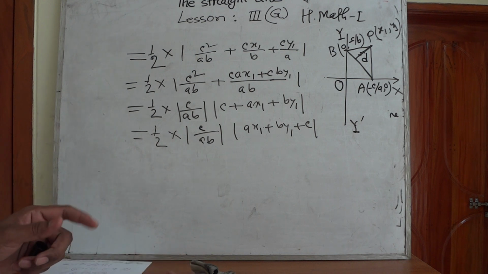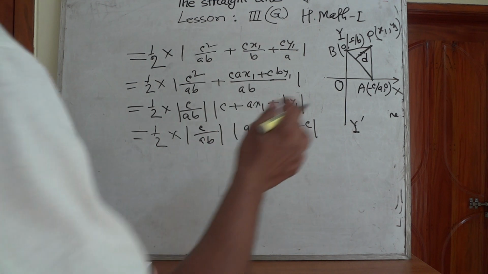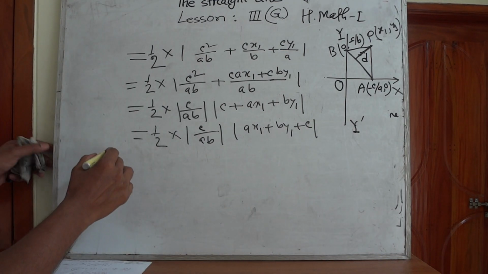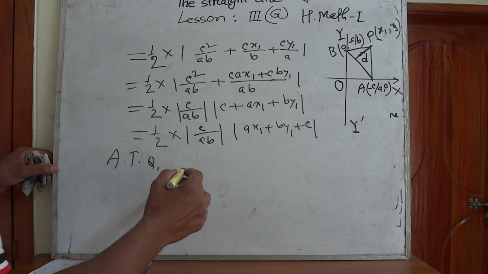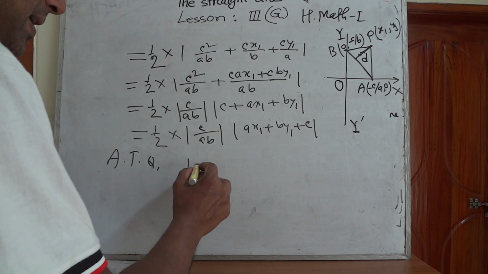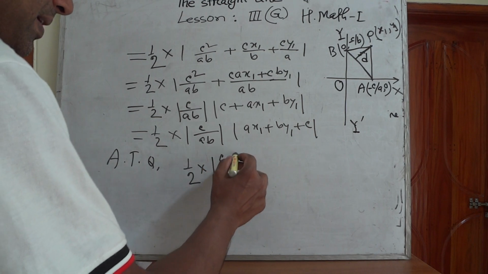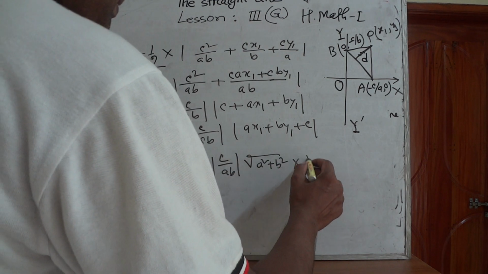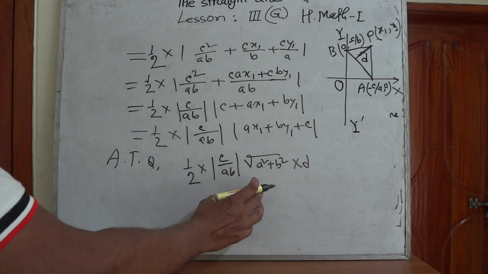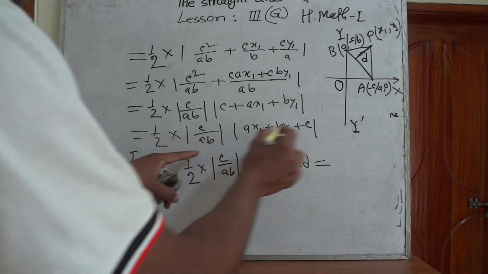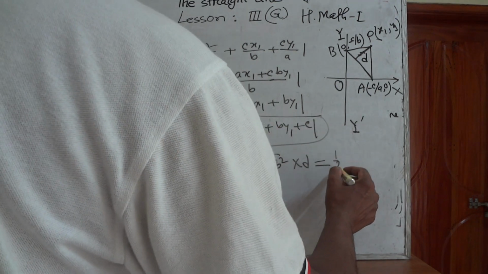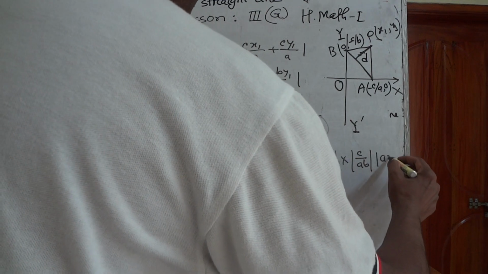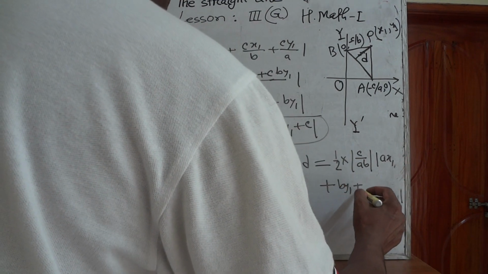In both cases the area will be the same because the triangle ABP is the same. So according to the question, half into absolute value of c by ab, square root over a square plus b square, into d, that is the previous area, equals the present area, half into absolute value of c by ab, absolute value of a x1 plus b y1 plus c.